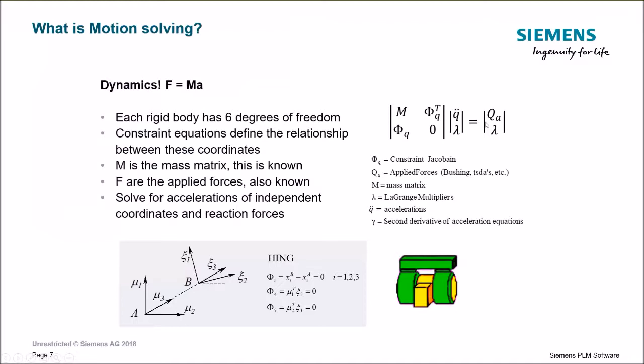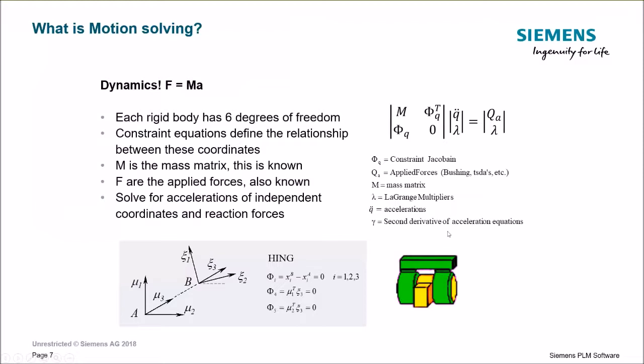It is about connecting rigid bodies to each other, each of them having 6 degrees of freedom and being free to move in space. In order to connect them, we require certain constraints or equations.